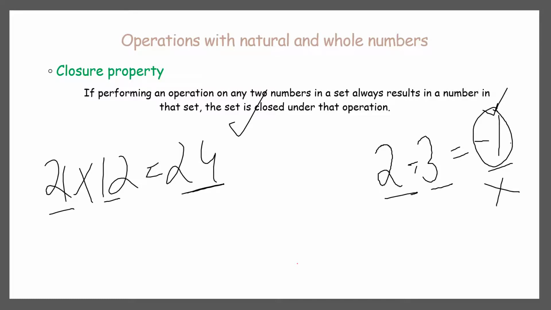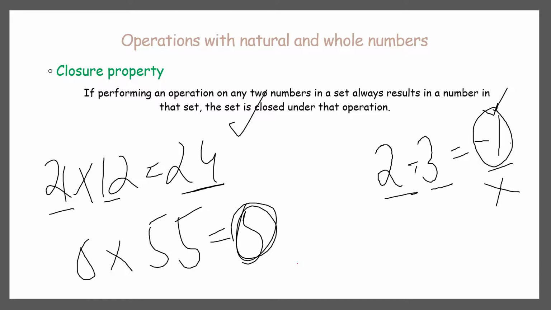And if I multiply 0 with 55, then the answer is 0, because whenever we multiply a number with 0, we get 0, which is a whole number. So the closure property holds for multiplication and addition, but it doesn't hold for subtraction.